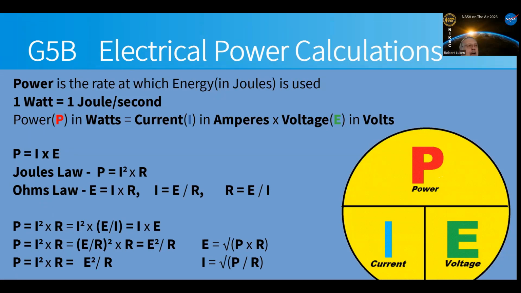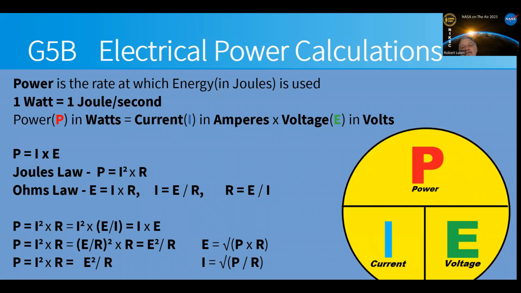Okay, electrical power. I showed the pie chart in the technician class, which a lot of people find easier for remembering Ohm's law. You basically put your finger over the quantity you want to find.